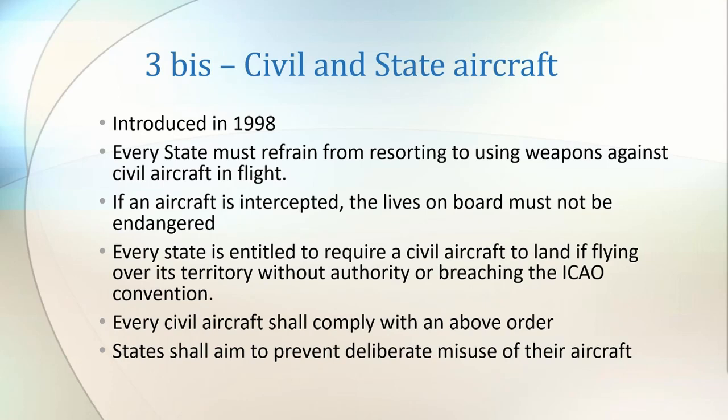However, in order to protect states' rights, they've added a clause that explicitly entitles states to require any civil aircraft to land if it is flying over its territory without authority or is operating in some manner that is inconsistent with the ICAO Convention. Additionally, it explicitly states that all civil aircraft have to comply with these requests, and that any violation of this shall be punished by severe penalties by the nation responsible for the aircraft.